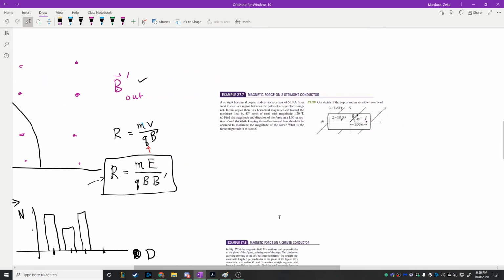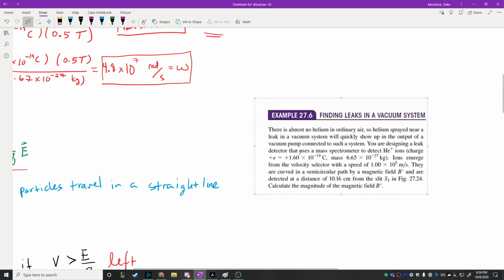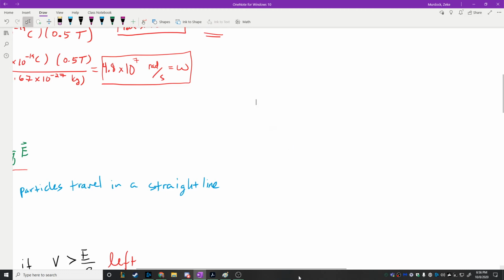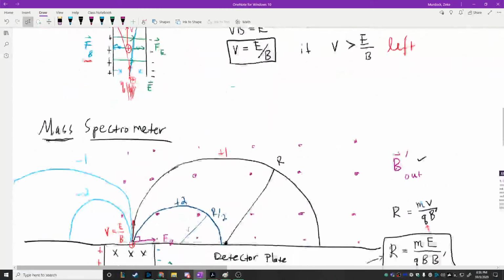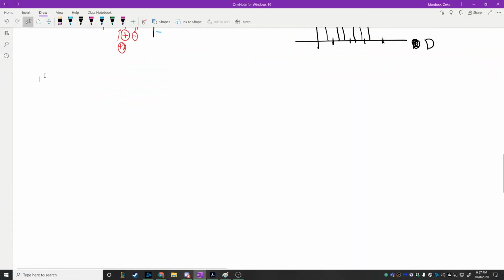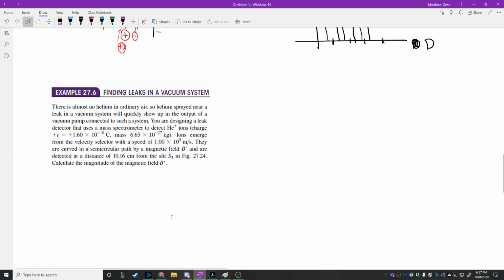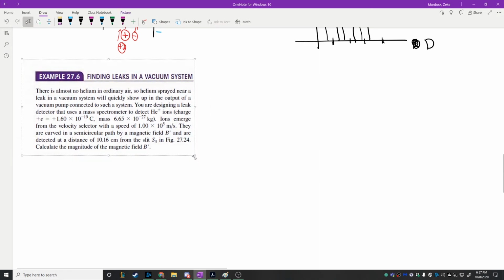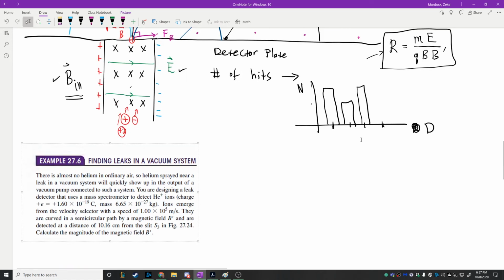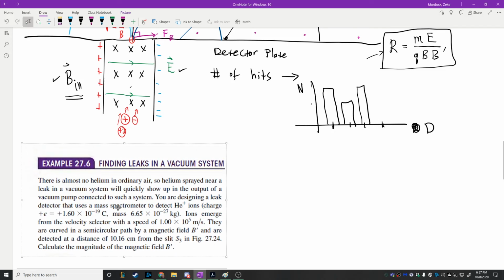Yeah. So, here we go. So here's a problem. The mass spectrometer problem. It's a lot of words, but this problem is really quite simple. Okay, so it says finding leaks in a vacuum system. There's almost no helium in ordinary air.